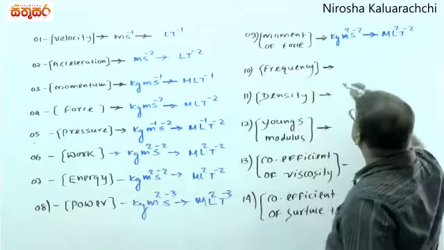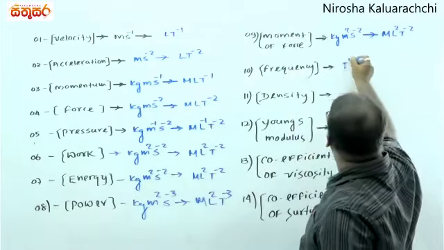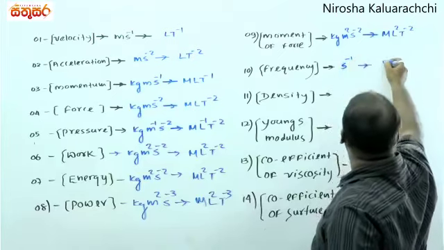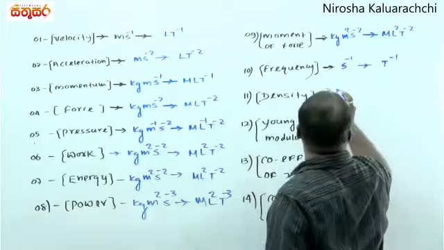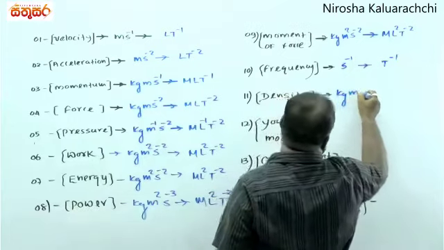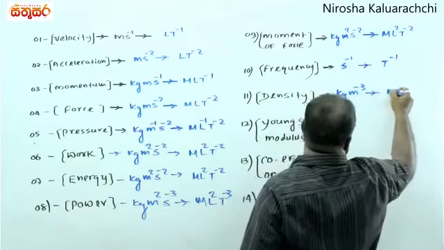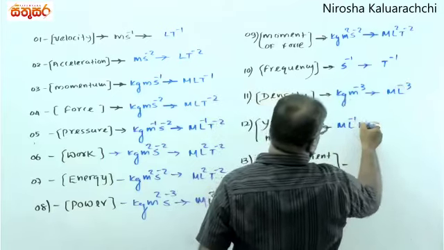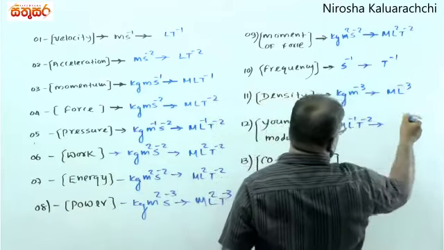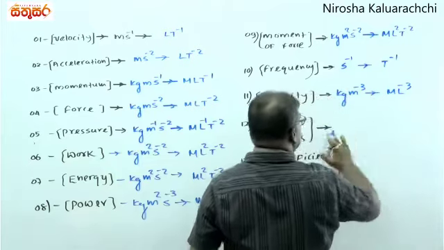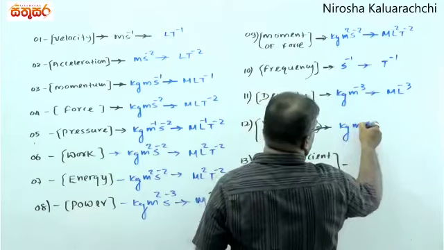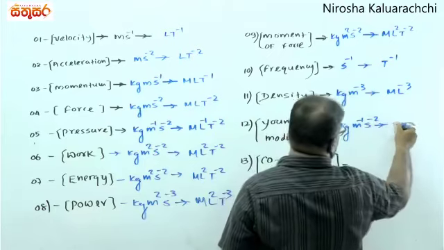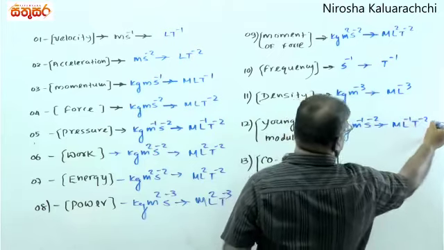Frequency: S minus 1, dimension T minus 1. Density: M L minus 3. Young's modulus: let's write the unit first, kg m minus 1 s minus 2, dimension M L minus 1 T minus 2.